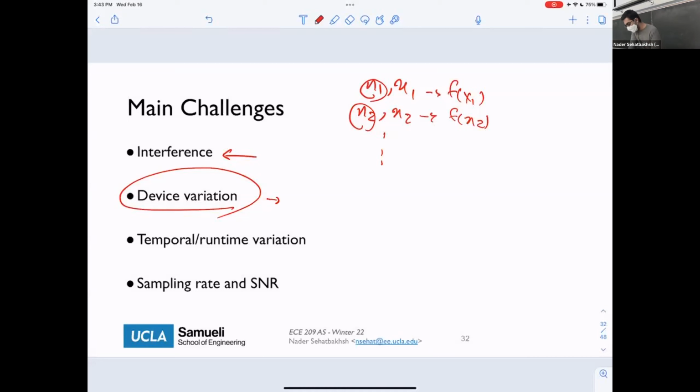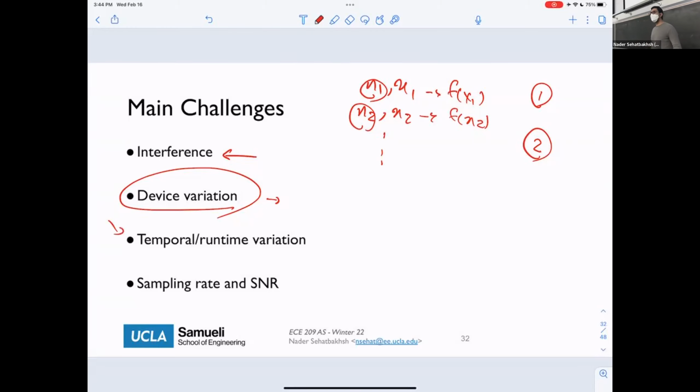So while we do our training on device number 1, we actually want to attack device number 2, and this pair of x and f of x may not necessarily look exactly similar between the two devices. So we also need to find these different variations and eliminate them and remove them before actually doing the test. That's where, for example, some of these pre-processing phases can be helpful to remove the potential variation that is unrelated to x and f of x.